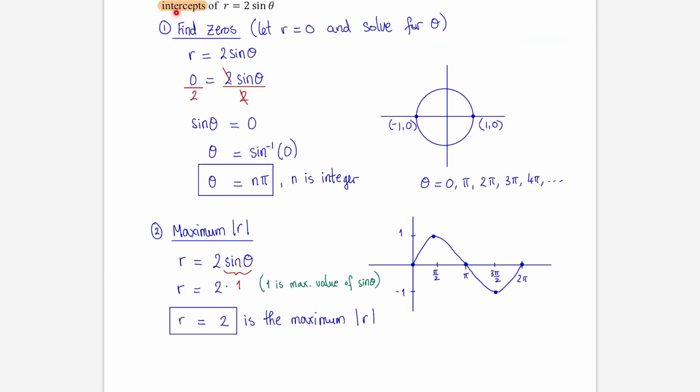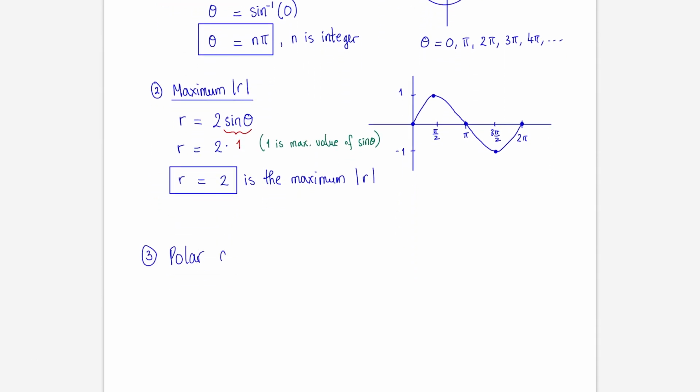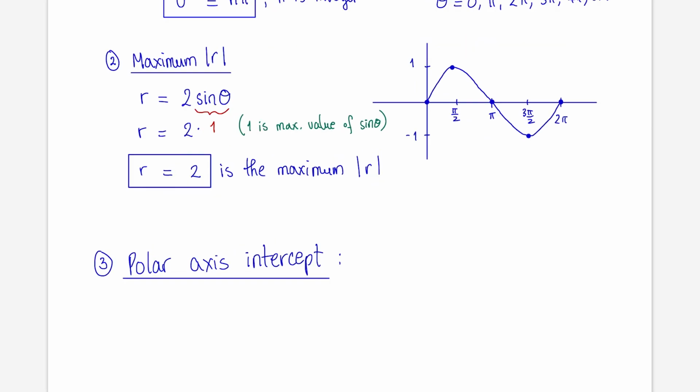Next, I want to find the polar axis intercepts. Remember, our polar coordinates are the coordinates with r and theta. To find the polar axis intercepts, I'll let r equal 0 and I want to find the corresponding theta. So r is 0 and I want to find that theta.